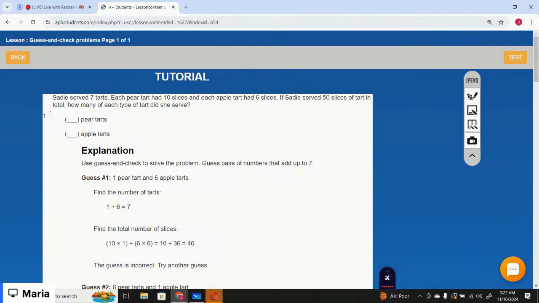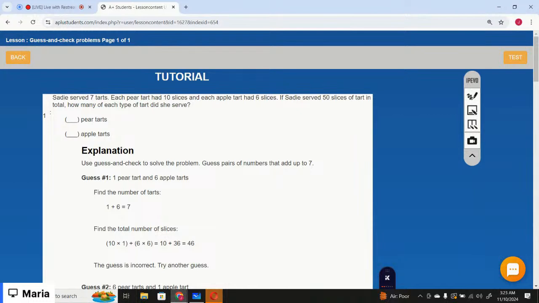So basically, you have to make different combinations of apple tart and pear tart, multiply them with their slices, and see if together they make 50, right?